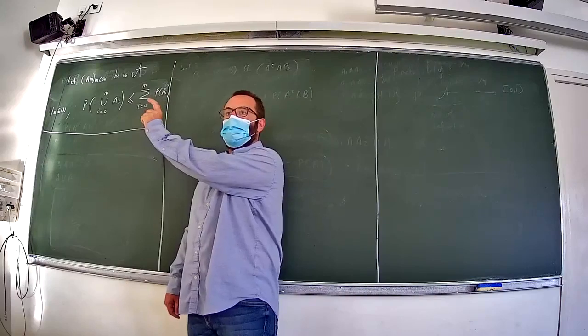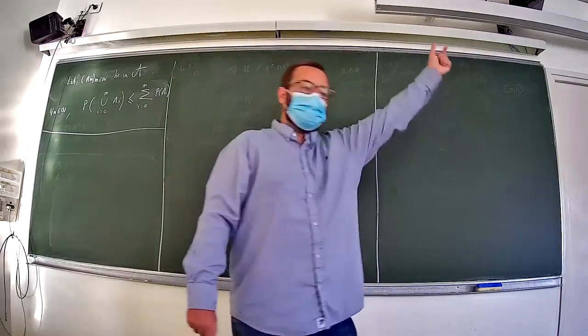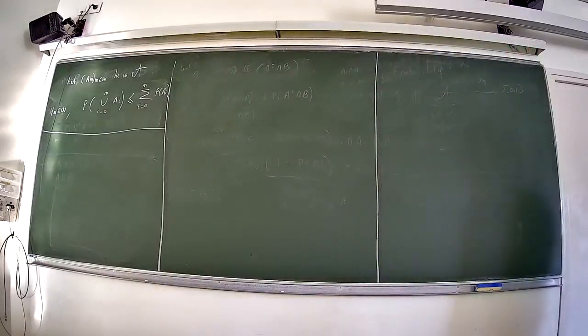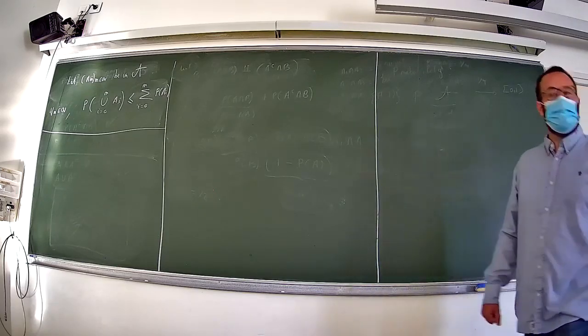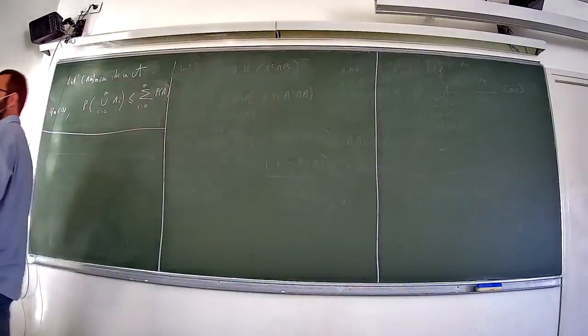And in this way, the induction reasoning will tell you that it will be true for any n. So, I prove that it is true for n0. I prove that if it is true for n, it's true for n plus 1. And so I prove in this way, using the theorem, that it is true for any element n in capital.